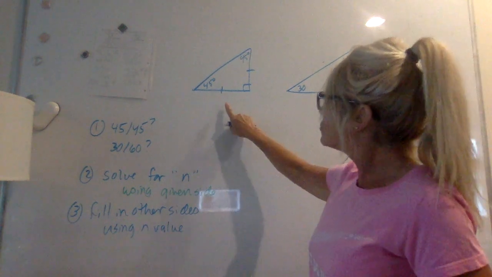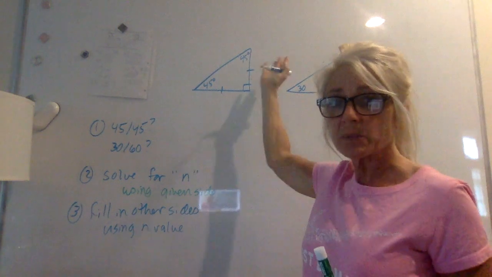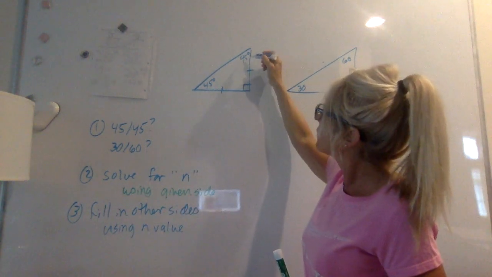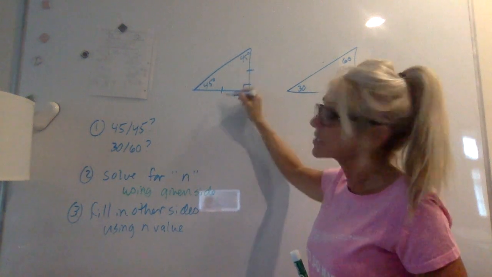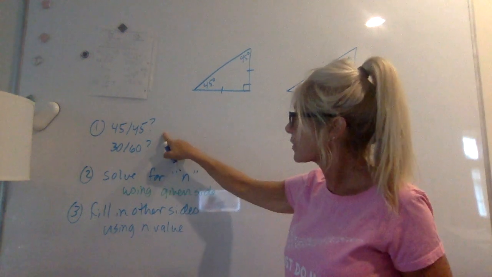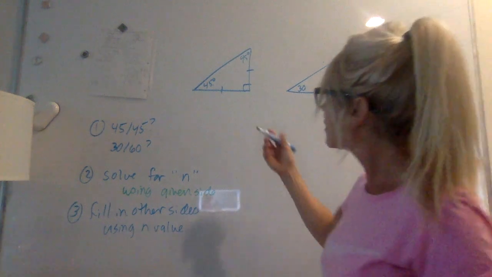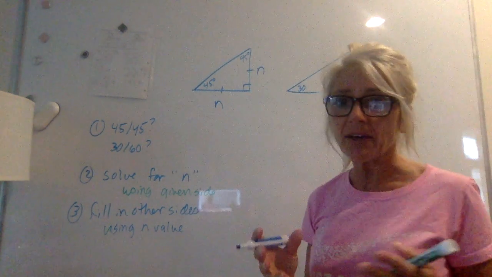So the 2 special triangles are 45, 45, which is a square that's been diagonally sliced in half. You'll know it's a 45, 45 because they'll have those labeled, or you'll see that 2 sides are marked as the same length, and that will be the giveaway. Then your job is to know what those relationships are. In that type of triangle, these 2 sides will have the same length.